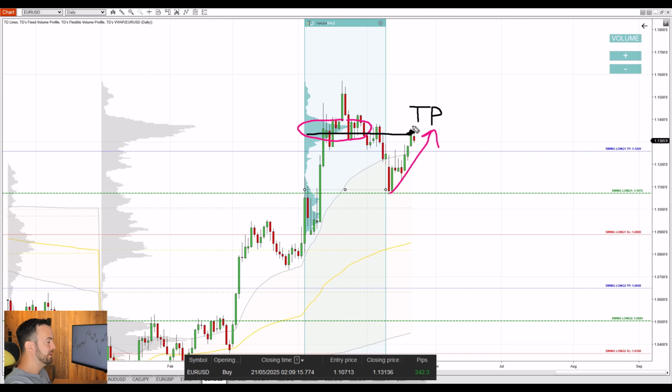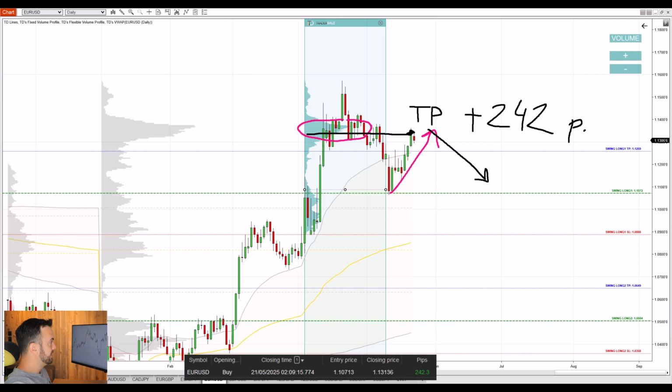Take profit was in here because there's a chance that the price will want to react to this heavy volume zone and do something like this. So I didn't want to take that risk, took that 242 pips here, and that was it.